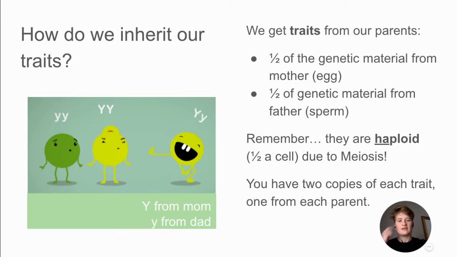That's because the egg and the sperm that created you are haploid cells, meaning they have half a set of genetic information, so that when the egg and the sperm join, their two halves combine to make a full set of DNA. This means that for every trait that you have, you have two copies, one from your mother and one from your father.